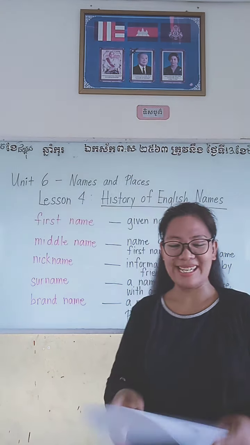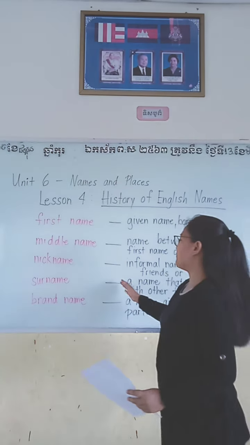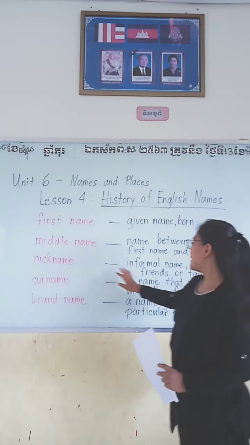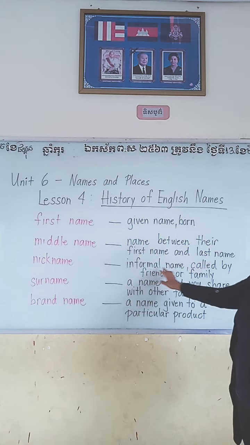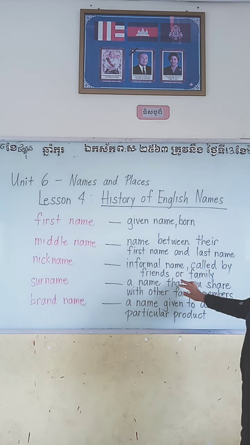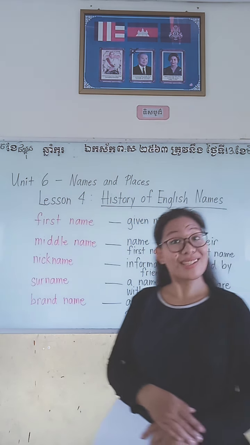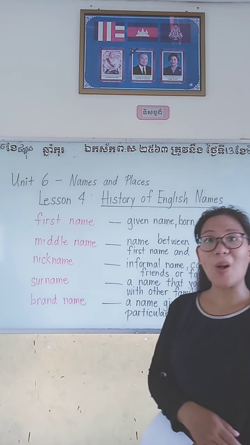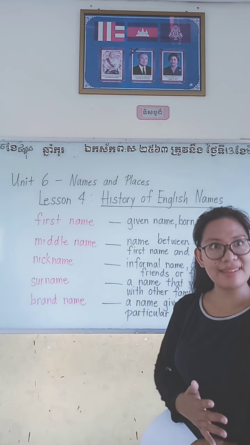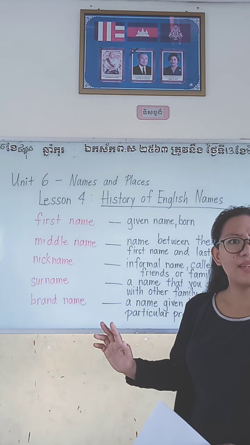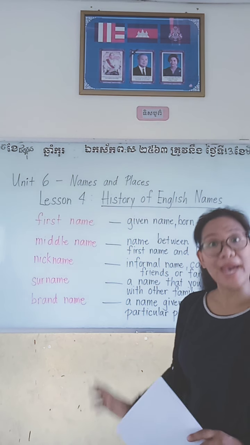All right, let's proceed to nickname. What is nickname? Nickname, it's an informal name called by friends or family. Informal name. So it's not a real name. Some people call it pet names. So a nickname is the same as pet names.